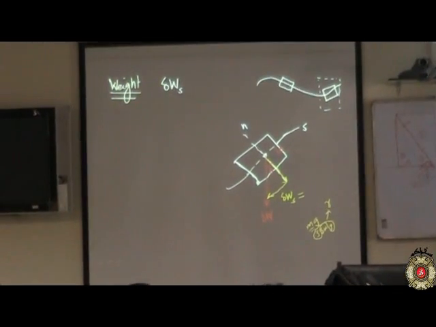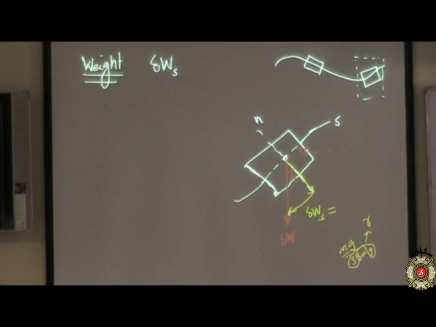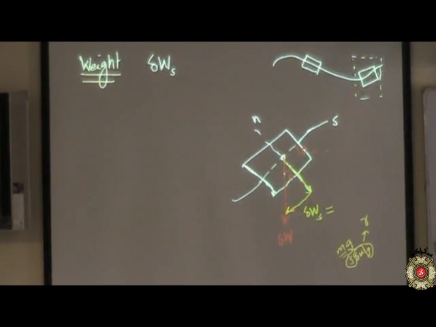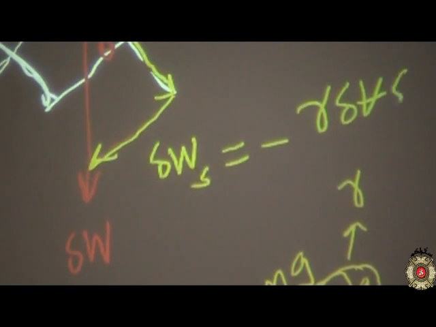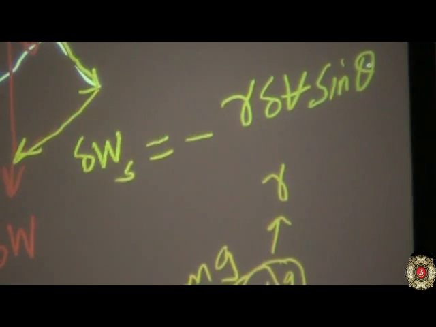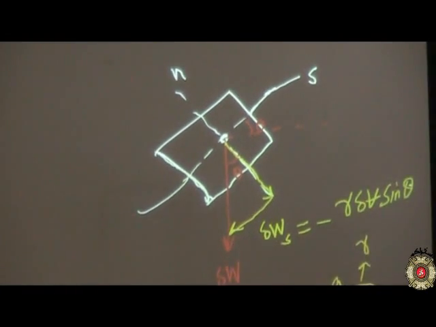Now this becomes gamma, and this is in this direction. So this is theta. So negative gamma delta V, sine theta. This is along S, but in the opposite direction. That is why the negative sign is there.